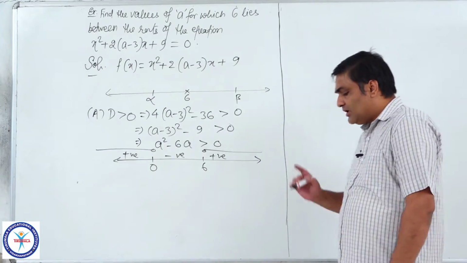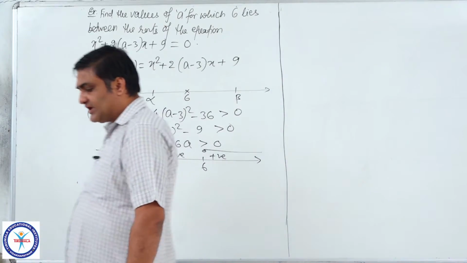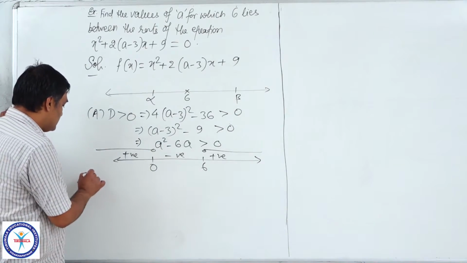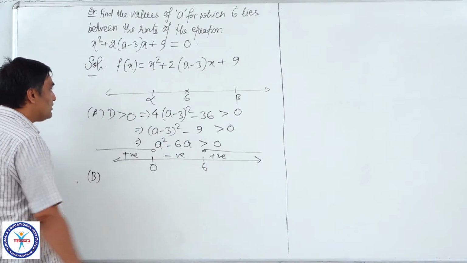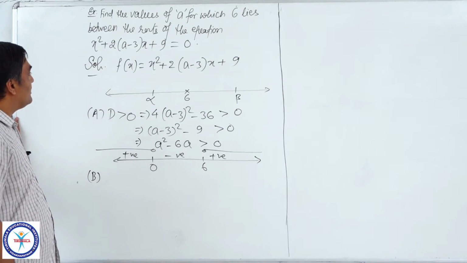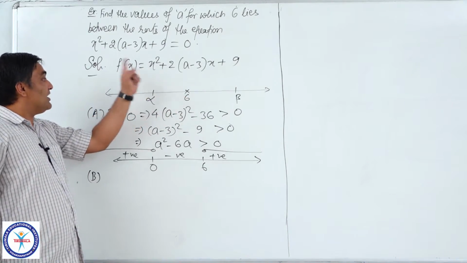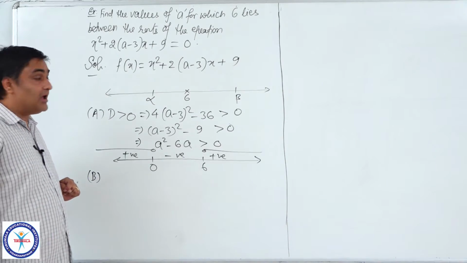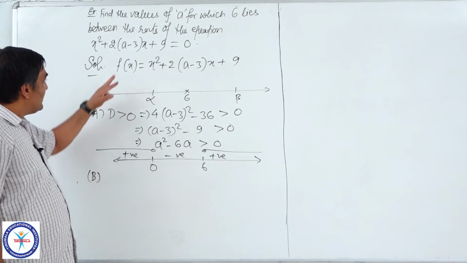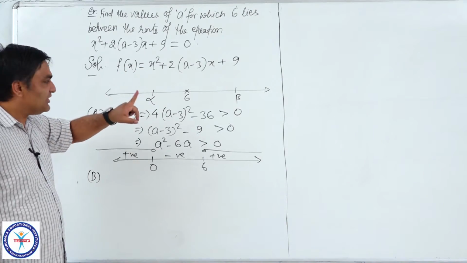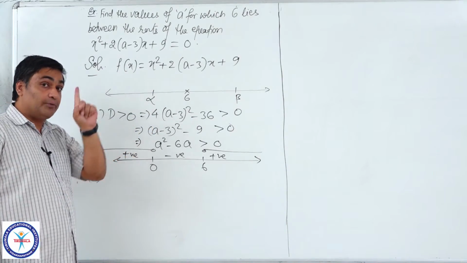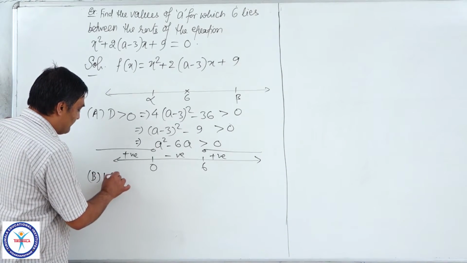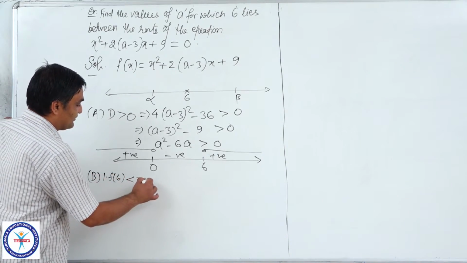Okay. Now, one more thing is there. What? a·f(6). a is 1, positive, so 1·f(6) should be negative. So 1·f(6) less than 0.